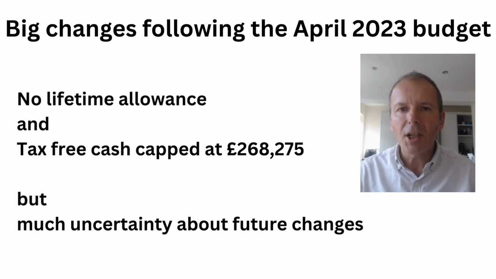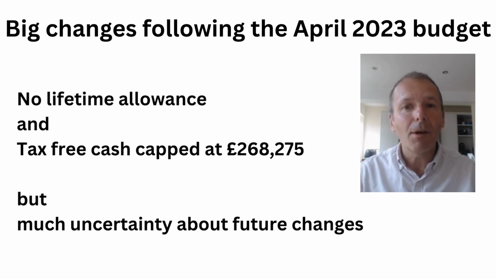So there have been big changes to pensions following the April 2023 budget, and specifically there's no longer a lifetime allowance, and also the tax-free cash that you can take is capped at £268,275, which might sound like a lot, but over your lifetime you might actually end up using all that.